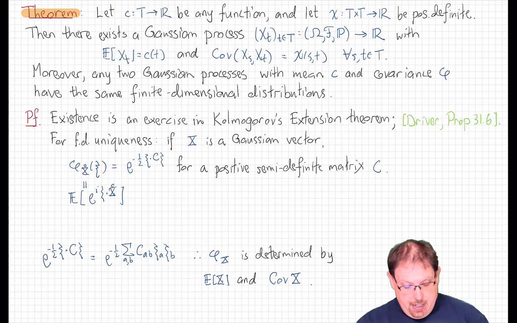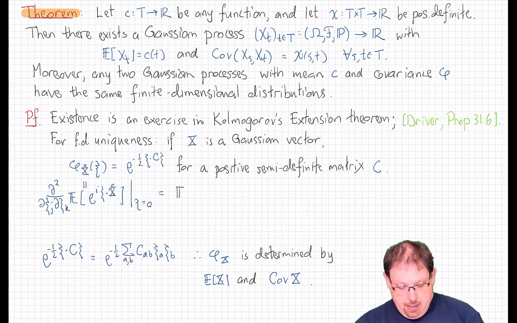And if I take the derivative of that with respect to entries cj and ck at c equals 0, this is the expected value of differentiating under the integral, which gives us the following.